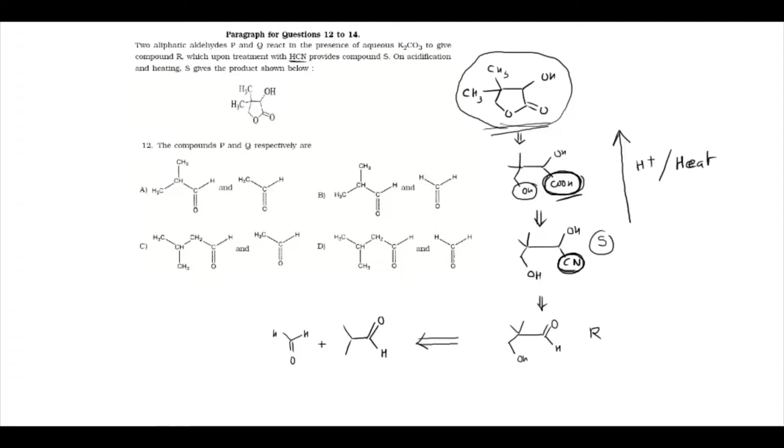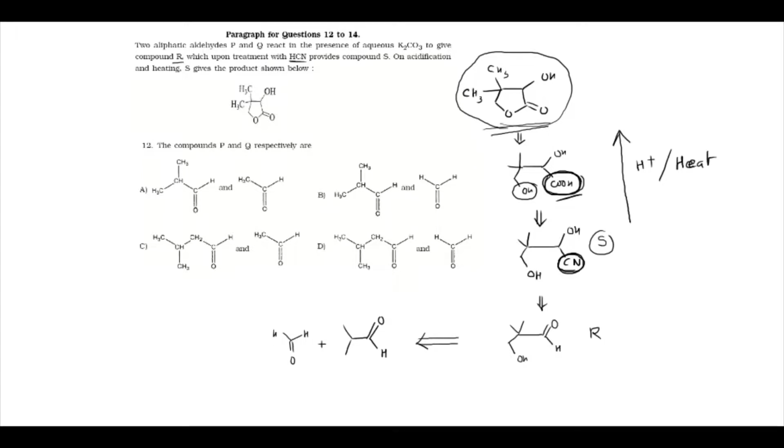Okay, now where did S come from? So S came from a treatment of HCN to another compound R. Now CN minus is a very well known nucleophile, and it must have been added to an electrophilic center.